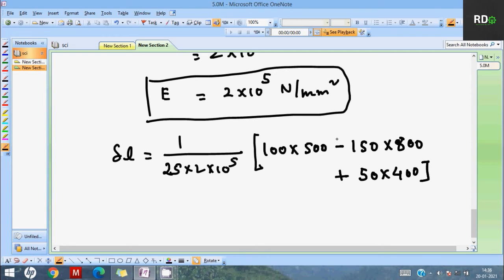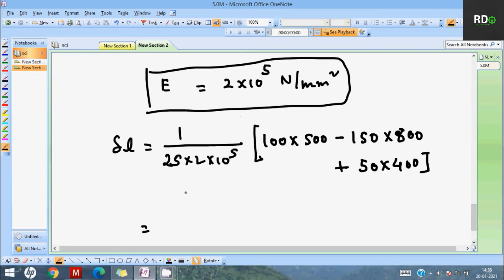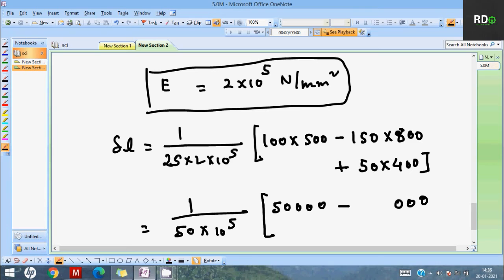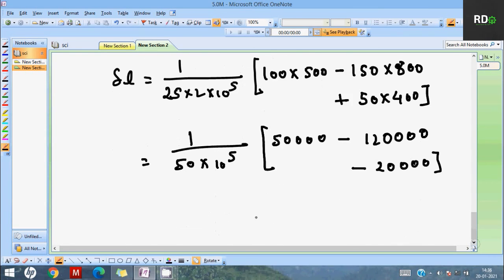So P1 L1 minus P2 L2 plus P3 L3. Let me write it as 50 into 25 into 2, which is 50 into 10 to the power 5. Let me check these values. I'm doing it as easy and as slowly as possible.